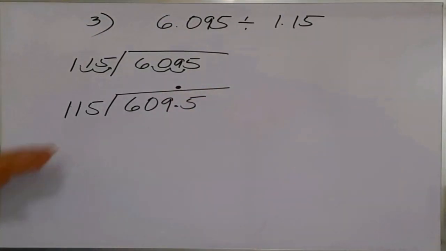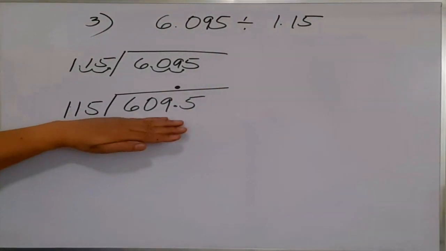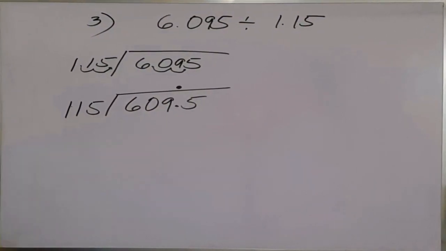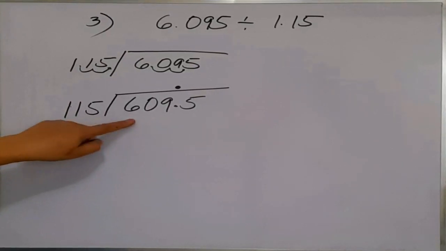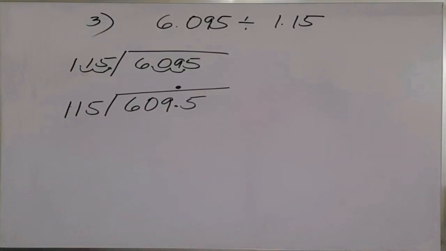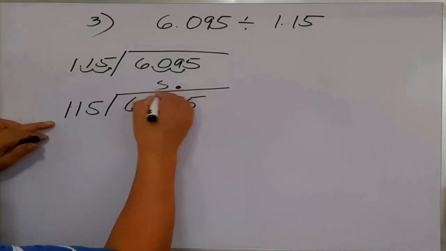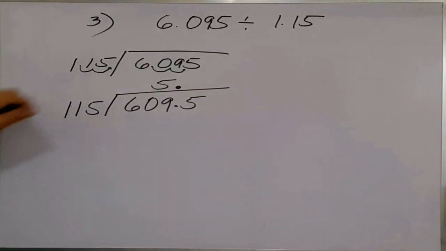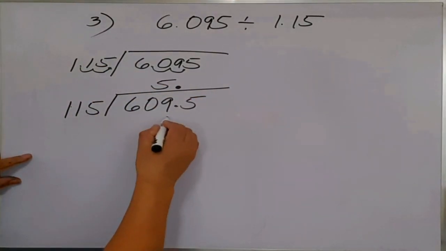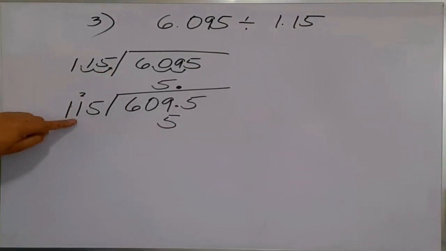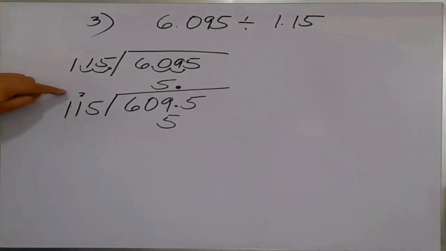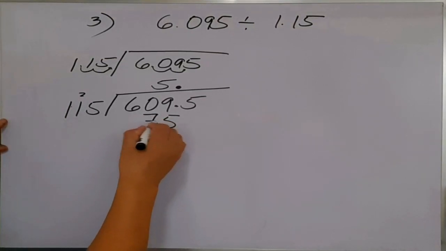Okay. Now, since this is 3 digits, we consider all the 3 digits inside. Okay. So 609 divided by 115. Let's take 5. Okay. So 5 times 5 is 25. Carry 2. 5 times 1 is 5. Plus 2 is 7.